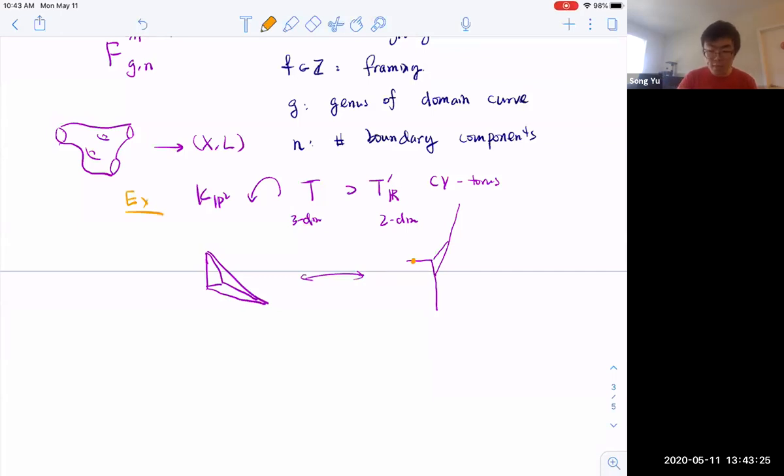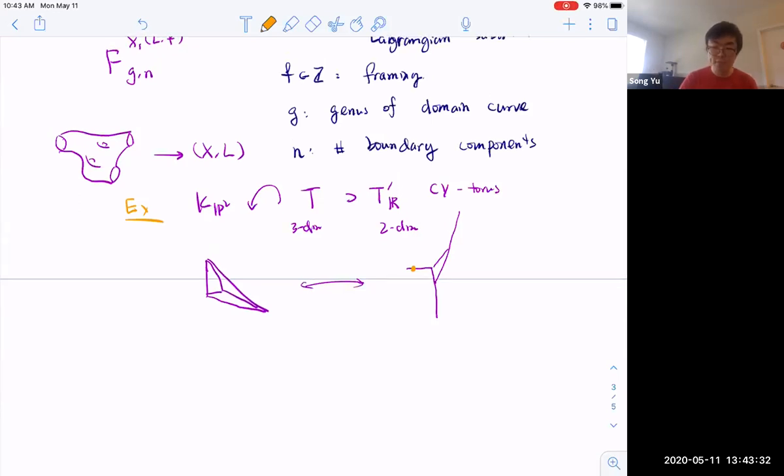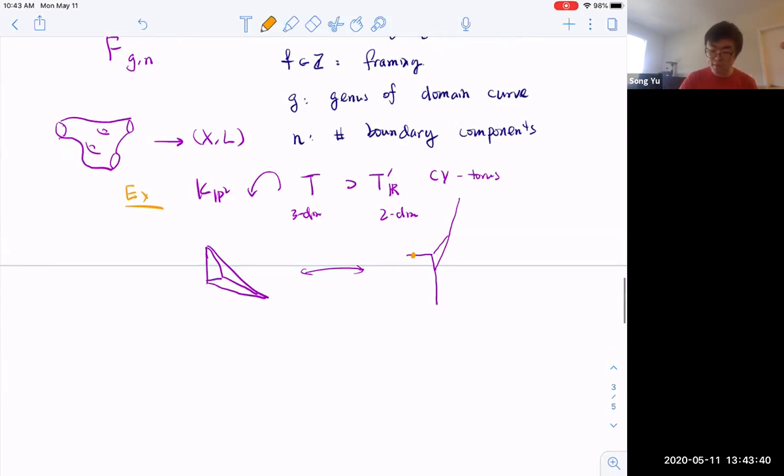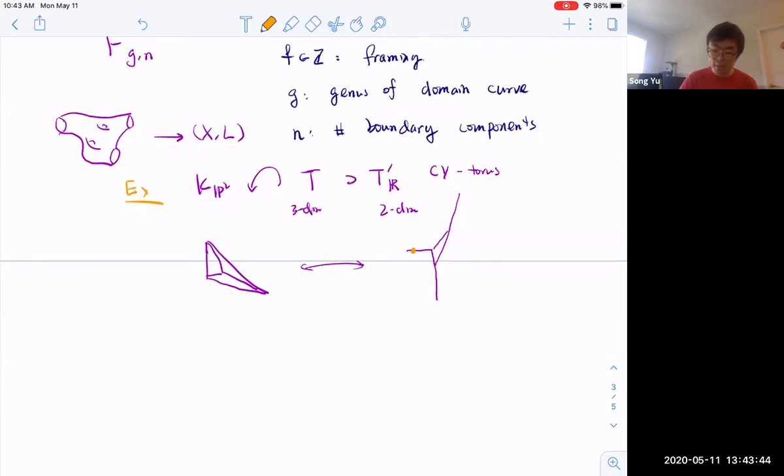When you construct the toric variety as a symplectic quotient, you just add on a few more equations to cut down dimensions until you get a real three-dimensional space. But the point is that the brane is invariant under this T'_R, this smaller real torus action.